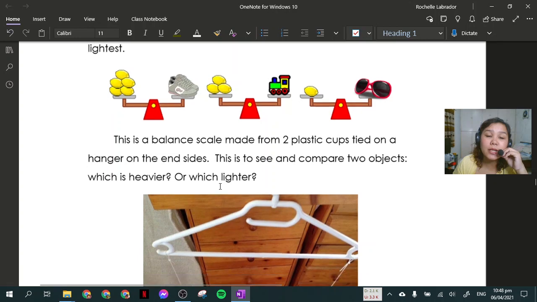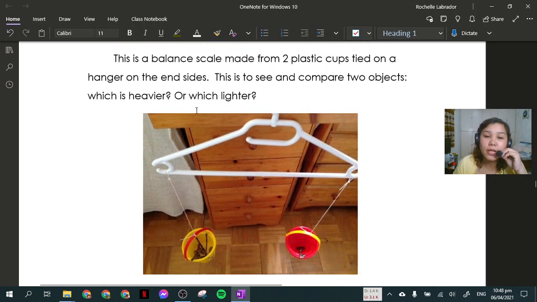So this is a balance scale, so may picture dyan, made from 2 plastic cups tied on a hanger on the end sides. So if we don't have one, kasi yung platform balance will be available in the science lab, and then we can go to the science lab in face-to-face classes. So you can just improvise, make your own balance.